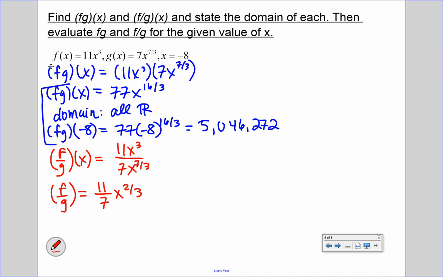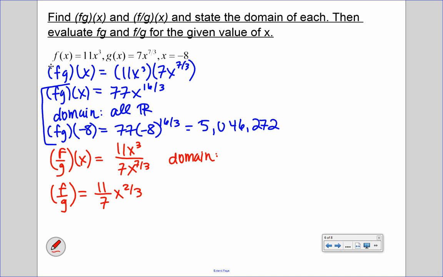All right, the domain for this one, and we have to be really careful because we have to look at two different things. First of all, the domain of the original: in the denominator we have 7x to the 7/3. Well, we cannot have a 0 in the denominator, so a part of the domain is x cannot equal 0. We also have to look at the final answer, 11 over 7 x to the 2/3, and notice it's a cube root, so there's no restrictions there.